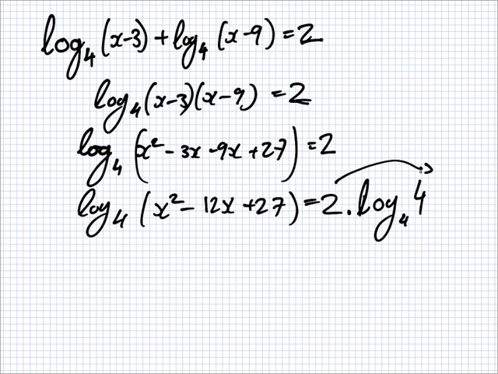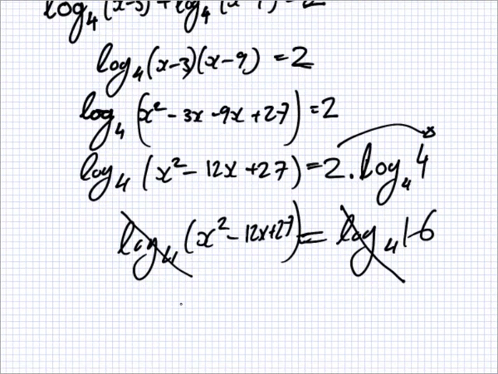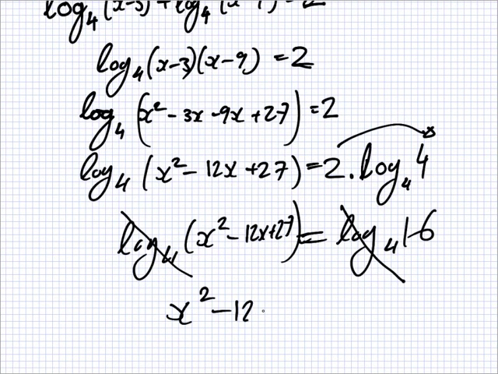It goes up to the power, doesn't it? So what's 4 to the power 2? 16. Right, now we're talking. So, what happens next? Cancel the logs, isn't it? Cancel. So now you're left with x squared minus 12x plus 27 equals 16.